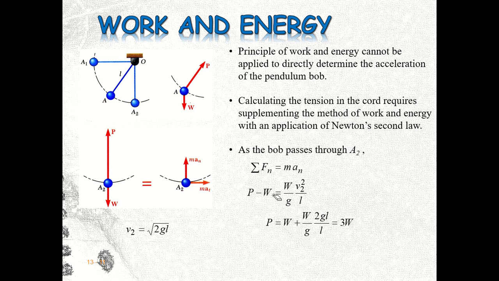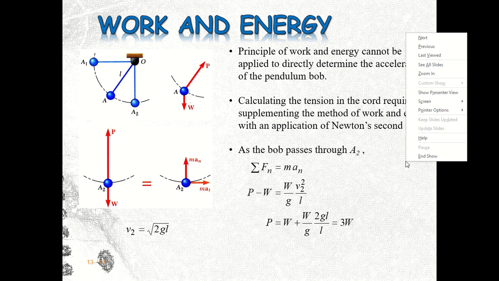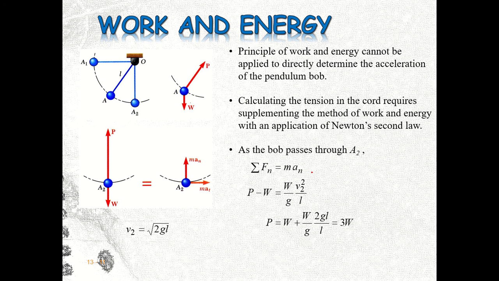So P minus W equal to mass times the acceleration, and we change the mass in terms of weight divided by the gravitational acceleration.